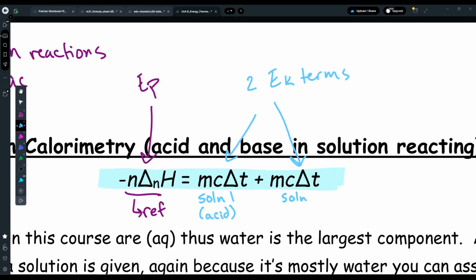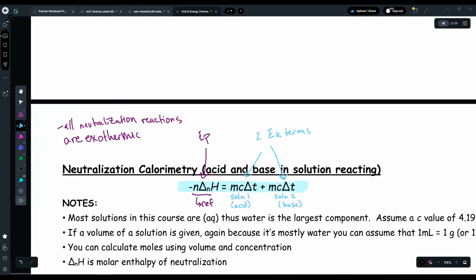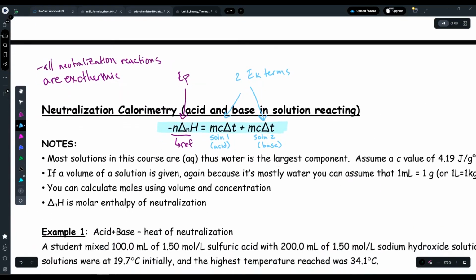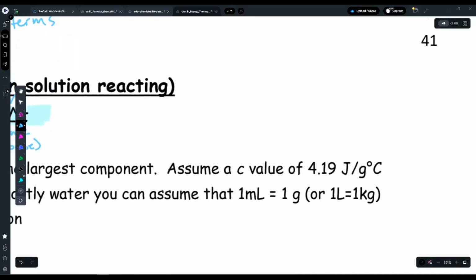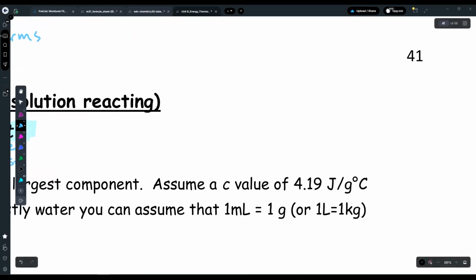And then the second solution is just going to be our base. Now, most solutions in this course are aqueous, therefore water makes up a large component of this. So what this means is you can assume that the specific heat capacity both for your acid as well as for your base is going to be 4.19 joules per gram degrees Celsius.